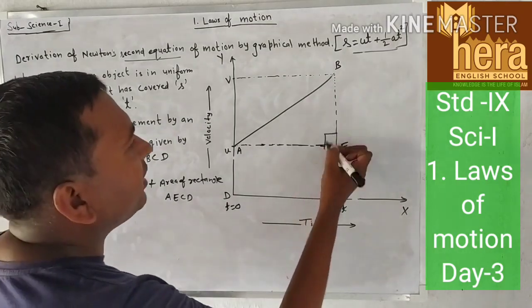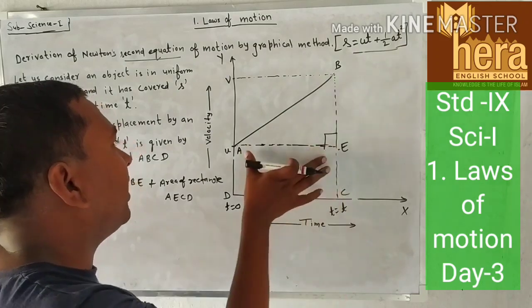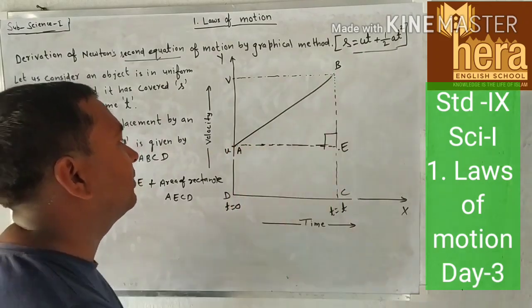This is a right angle triangle, right? So you can say this is the base and this is the height, or the other way around. You can take any one.